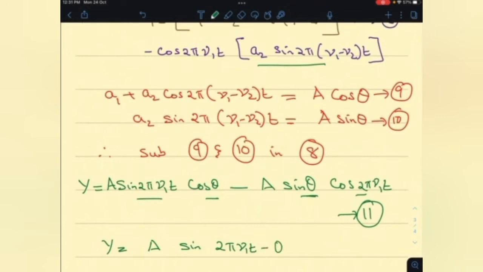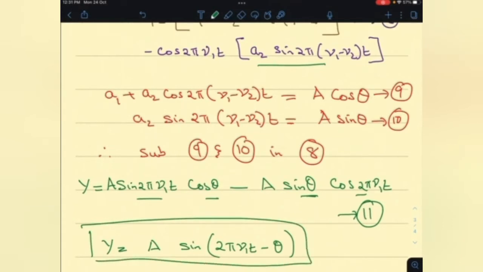Equation 12 suggests that the net displacement of the particle oscillates with an amplitude capital A and frequency nu 1, and it lags behind the displacement of the first wave by an angle theta. Using equations 9 and 10, we can find out A. How do you find out A?